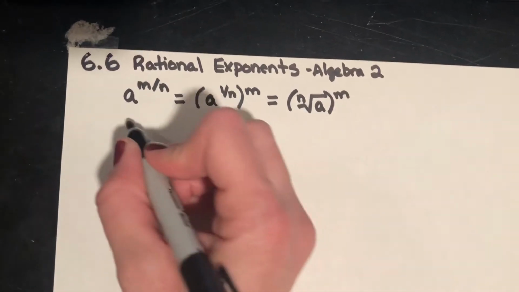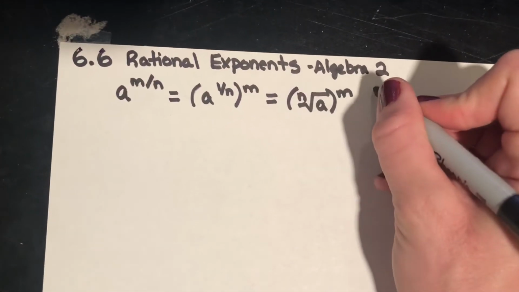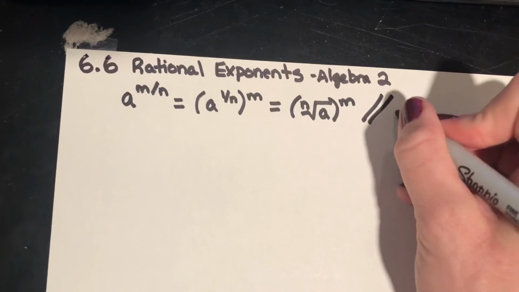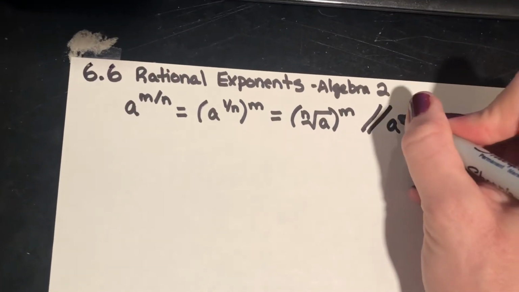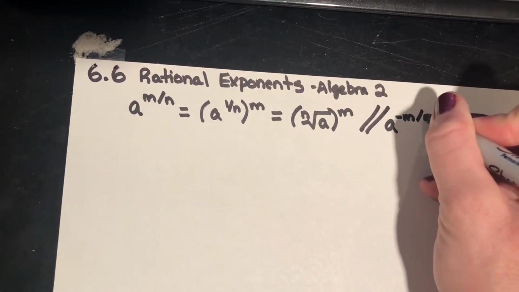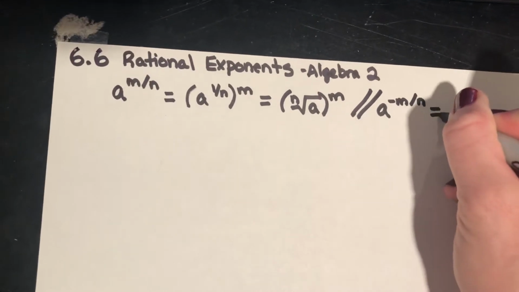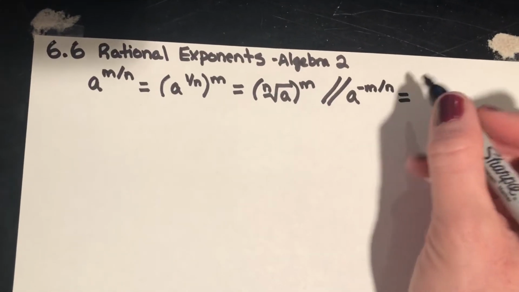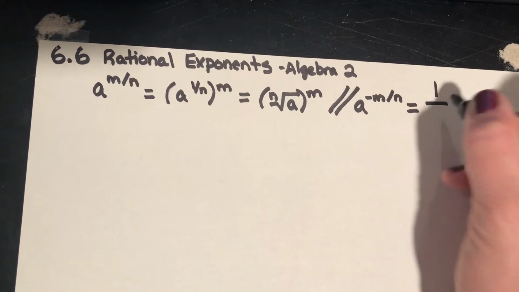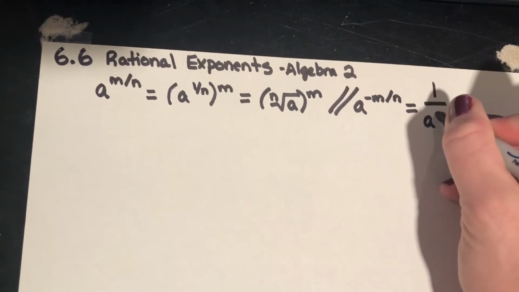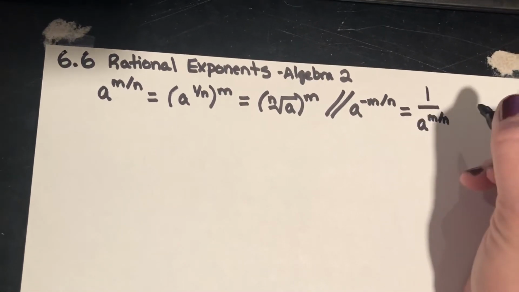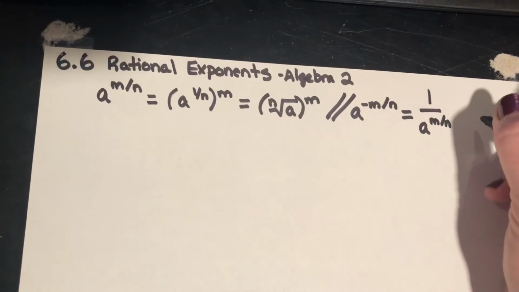And then we also are going to look at, let's look right here, a to the negative m divided by n. This, as we know, any negative exponent is actually going to be 1 over a to the m divided by n. And what does this look like again?